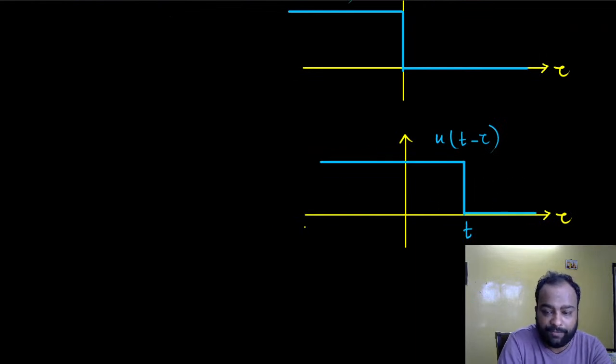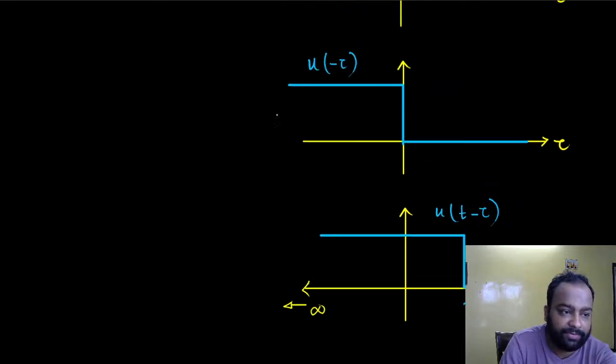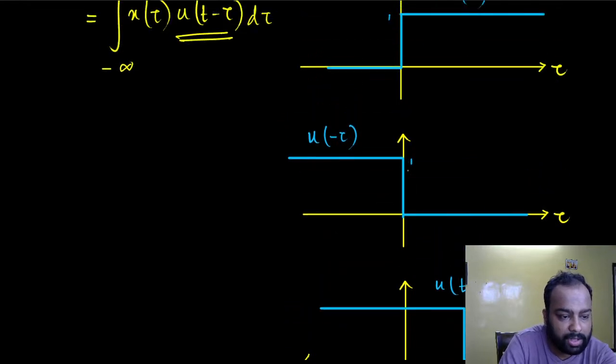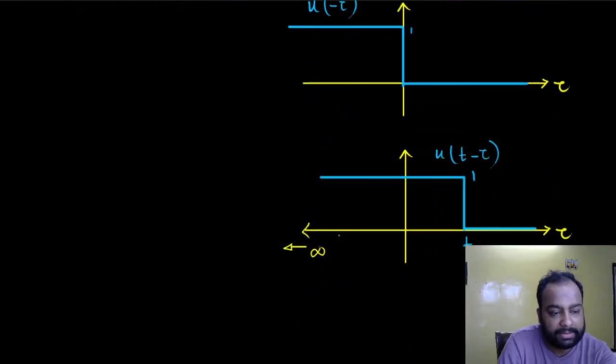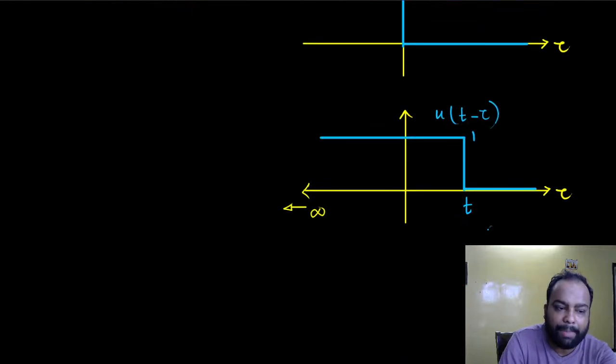Now this is there from negative infinity, so the value of the signal from negative infinity is 1. But the value of the signal remains 1 up until τ is equal to t. The moment τ becomes greater than t, the value of the signal becomes 0.